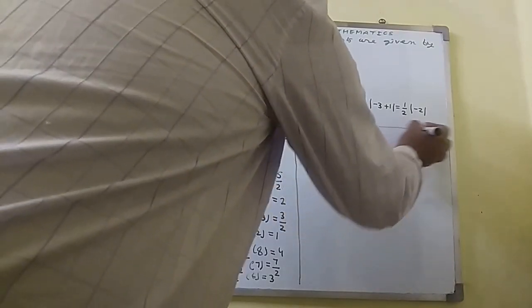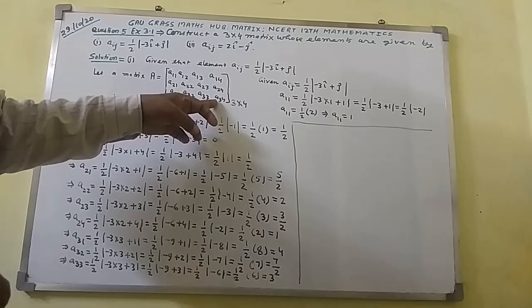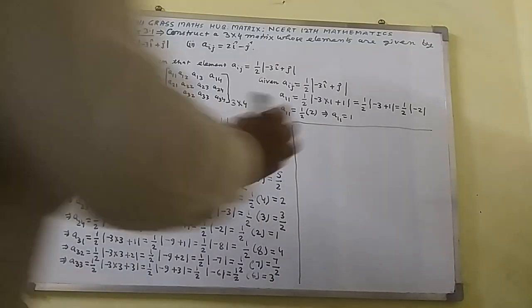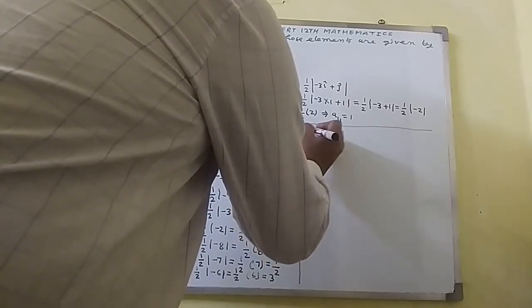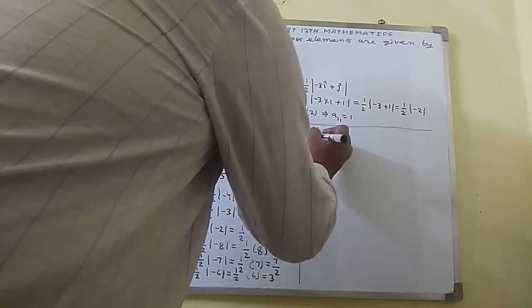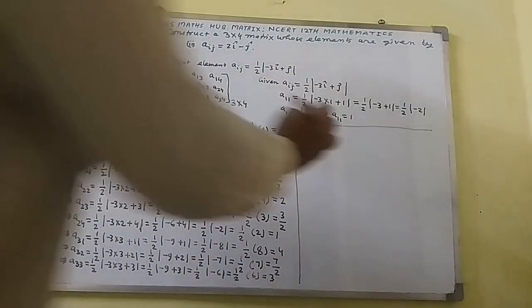Now find the value of A input 34. So here I shall write A input 34 equal to 1 over 2 mod minus 3, I shall write minus 3.